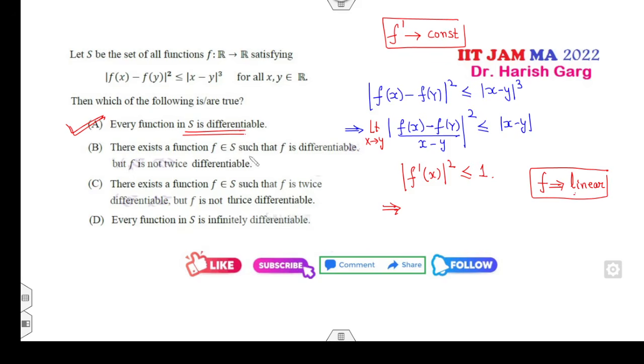Correct. Every linear function is twice differentiable as well. But he said not twice differentiable. Every linear function is thrice differentiable as well. But he said not thrice. Every linear function is infinitely differentiable. A and D are the right answers of the problem.